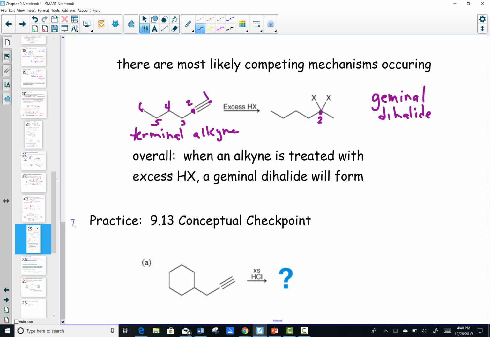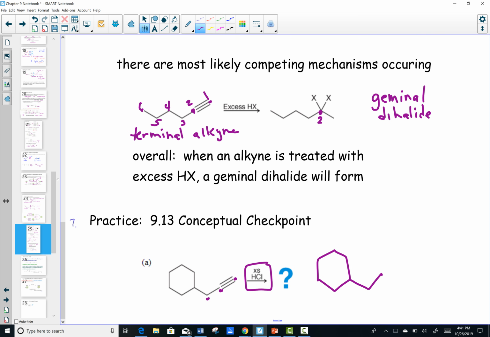Let's take a practice. This is very simple. Again, we went through a mechanism in terms of kinetics, but we're asked to predict here. So a simple prediction: study what's on the arrow. Excess amounts of HCl, a hydrogen and a halogen. In terms of the mechanism, we follow Markovnikov's rule, which tells us we have 1, 2, 3 carbons across here.